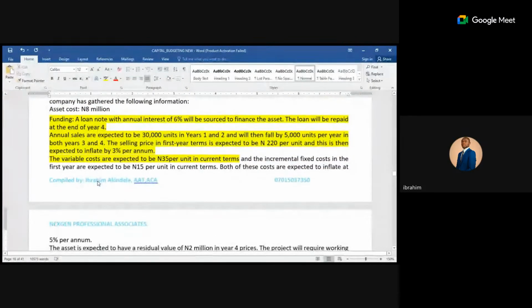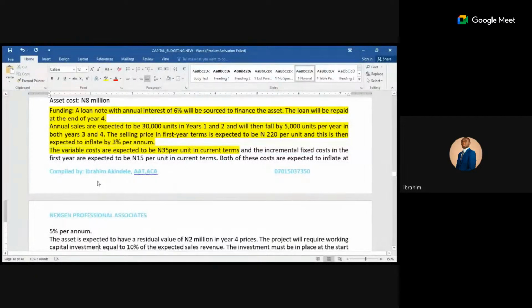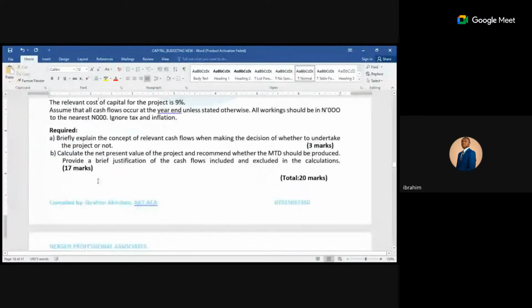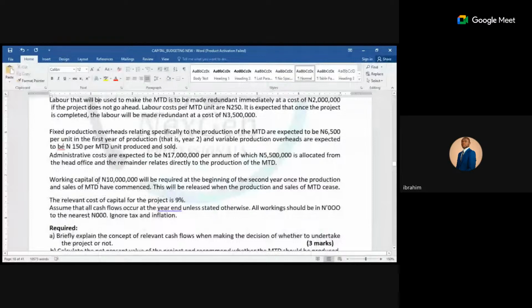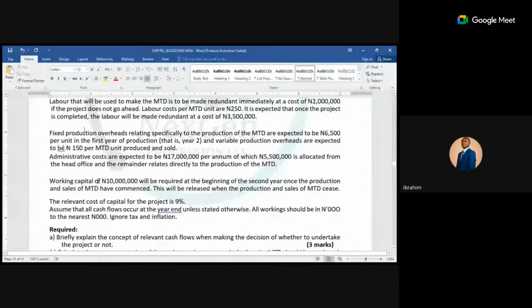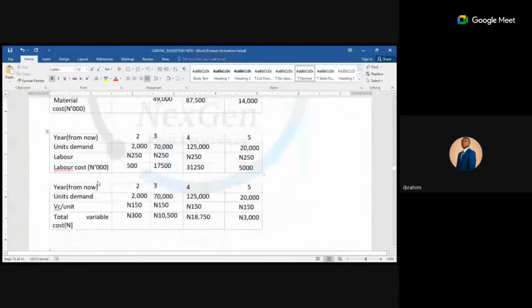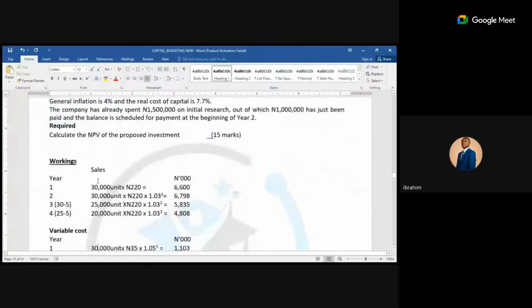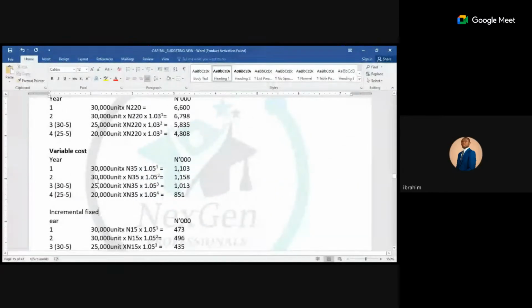And the incremental fixed cost in the first year is expected to be this. Okay, what do we have in the first one? Fixed cost. Okay, that's fine. So it does not vary, right? Class, are we together? Thank you.